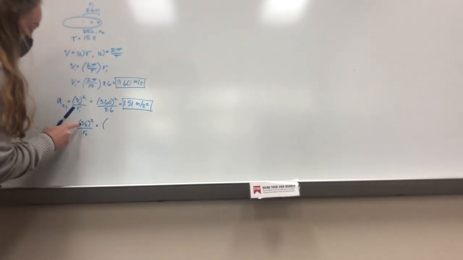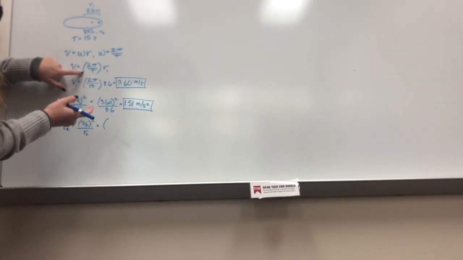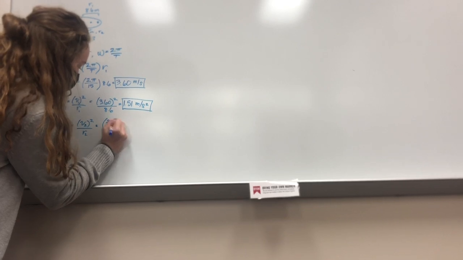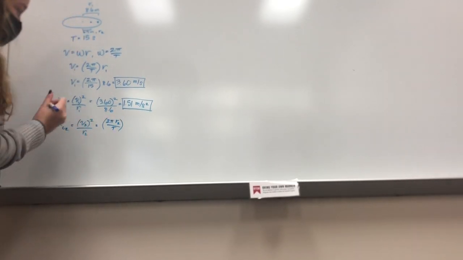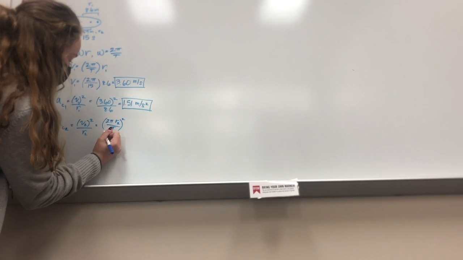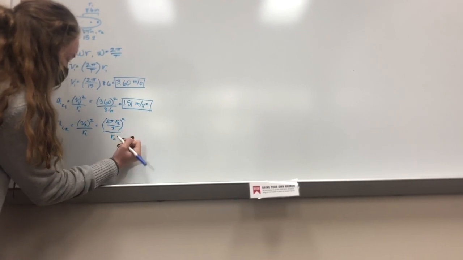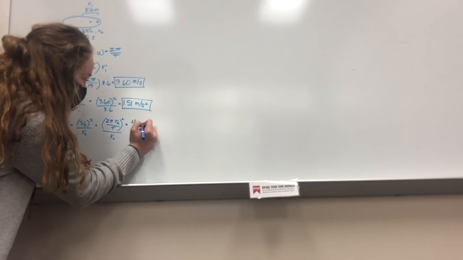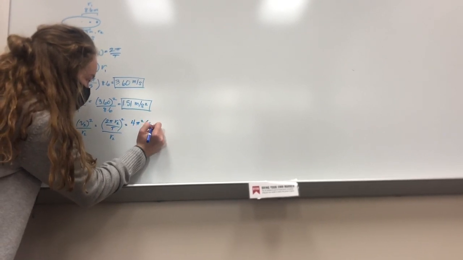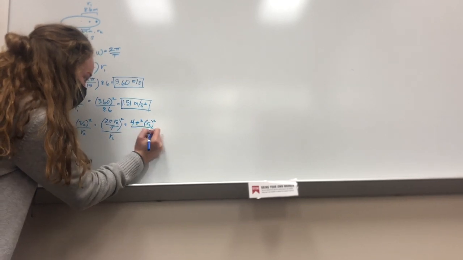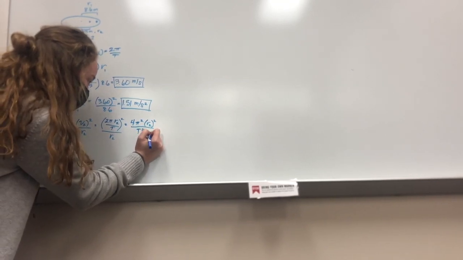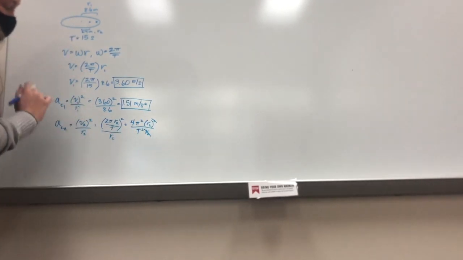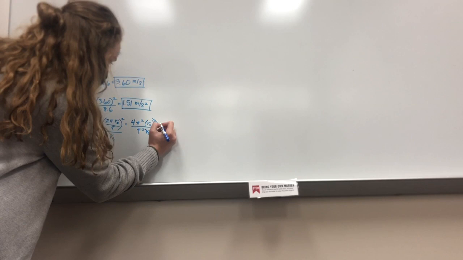So I can say that the velocity is equal to 2 pi r2 over T, and then squared over r2. At this point, I can simplify this expression to say 4 pi squared r2 squared over T squared r2. And then I can further simplify this by eliminating one of those r2's from the numerator and the denominator.